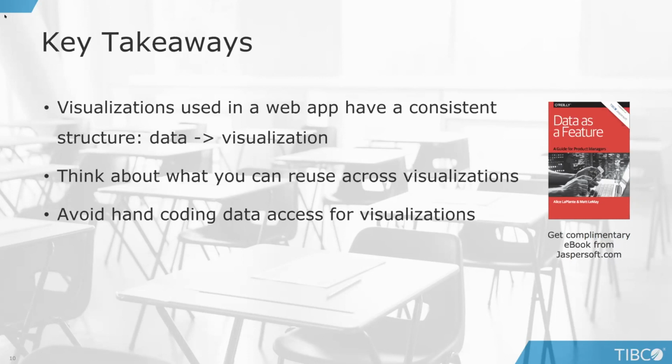One of the things we see with Jaspersoft is that it puts the data access and the visualization together in a different way, which is much more productive. So also think about how you can automate and make more rigorous that visualization creation, which is dependent upon data access.